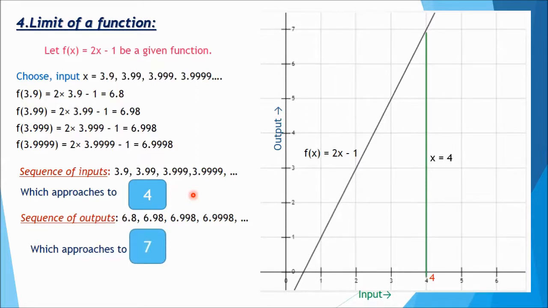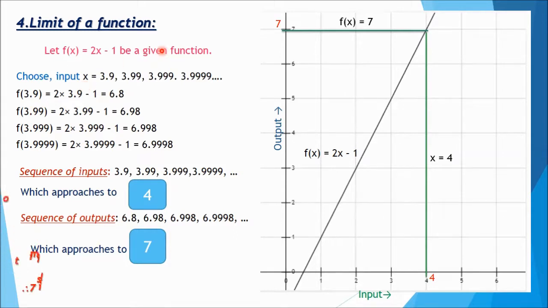Now you can see in the graph also, it is approaching towards 7. When the value of x is 4, then its value will be 7, isn't it? Now let's see, 2 times 4 is 8, 8 minus 1, it's 7. Therefore, f(x) is equal to 7.